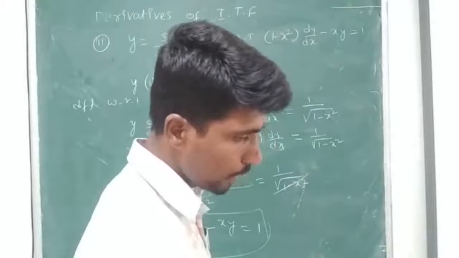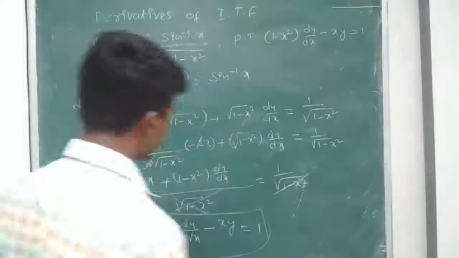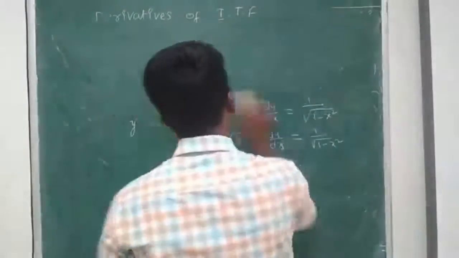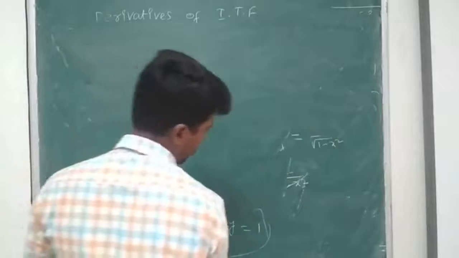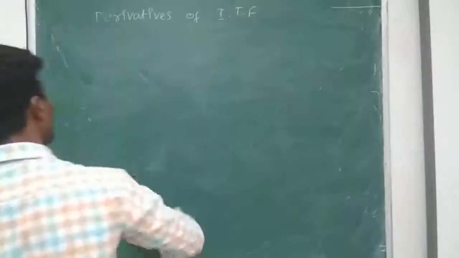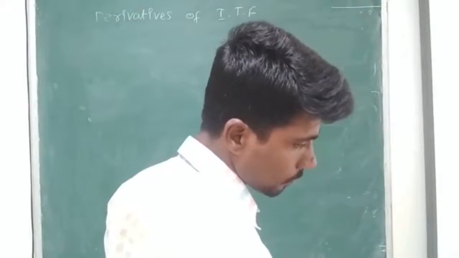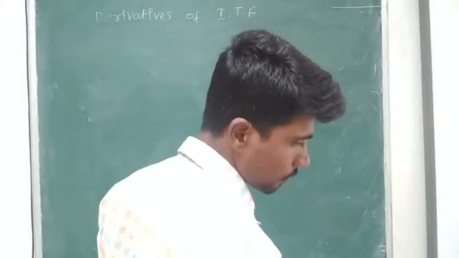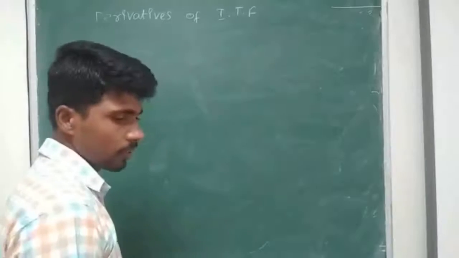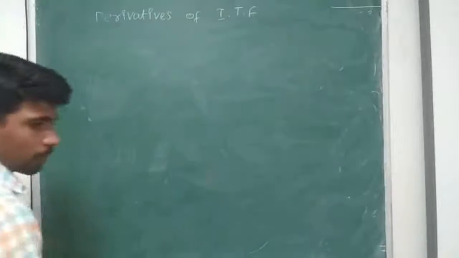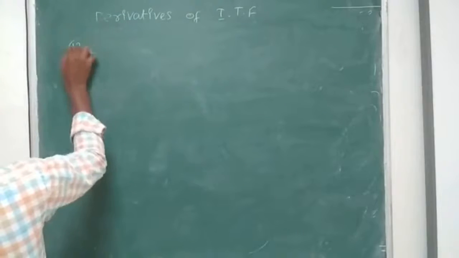Tan inverse of 2x by 1 minus x square. So we enter the substitution method.